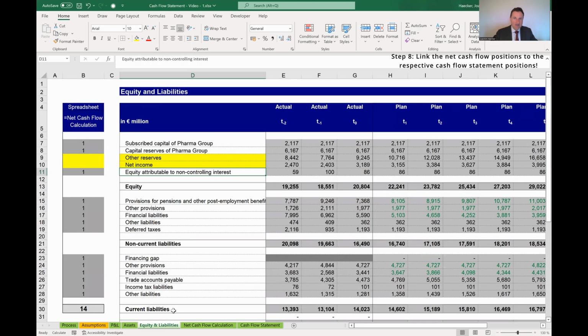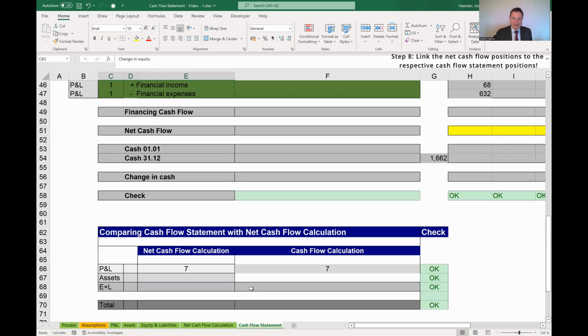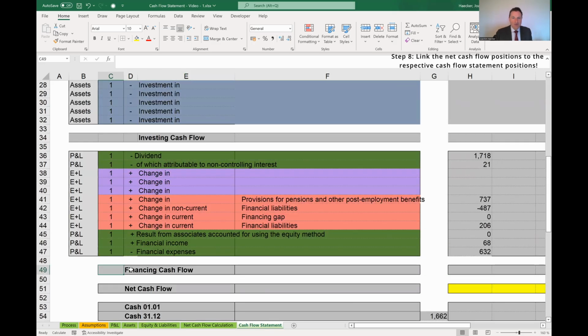Next one, I'm having a look at the change in equity. The change in equity we saw on the equity side is this one, that one, that one. So you see here, no capital increase has been made. So the change in equity is basically 0. It needs to be put in the so-called financing cash flow because I can get either money from the bank in form of a credit or I issue a bond. So this is all debt. And here it's the equity position.